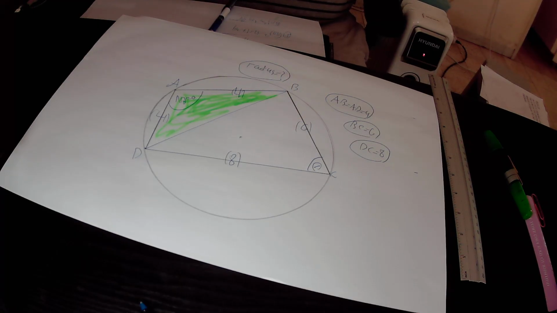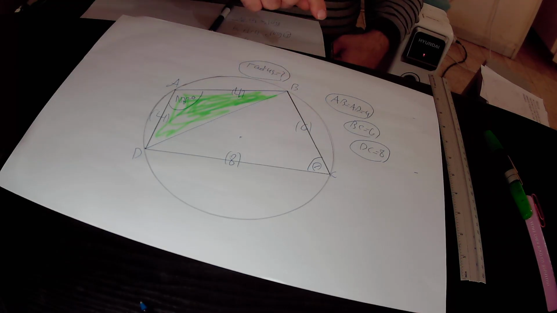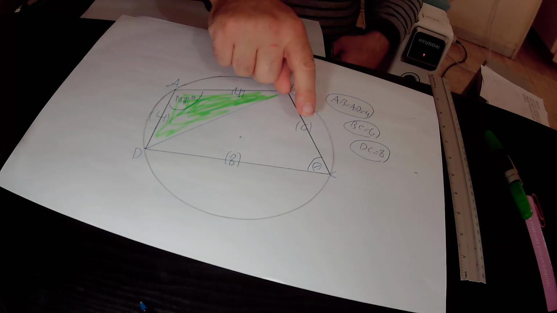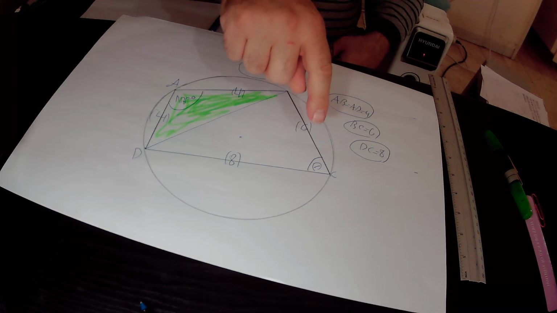For that reason, you can implement the law of sines in triangle BDC in its full version. That is to say, according to the law of sines, BD over sine theta equals 2R.